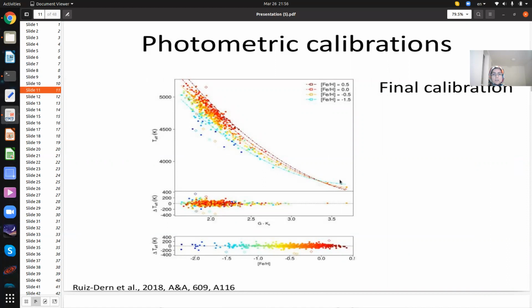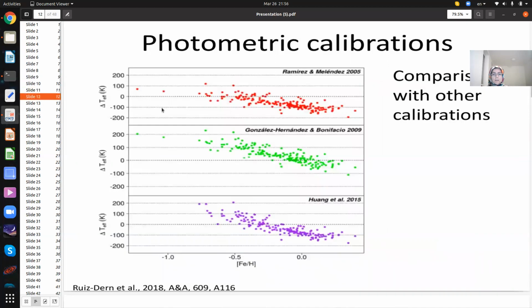You see the calibration of them, and here you can compare with other calibrations. For example, if you cut them, you see that for these two the slope is the same, but here you see some difference.